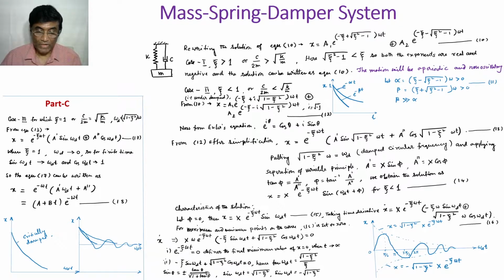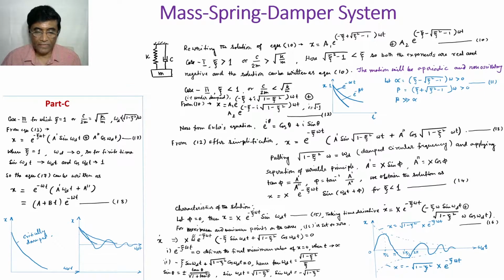Now look here, case 1, e to the power minus zeta omega t. This is a product of quantities: omega is not 0 because it is the circular natural frequency of the system, and the amplitude of oscillation cannot be 0. If oscillation is there, there will be an amplitude of oscillation. So either of these two things will be 0.